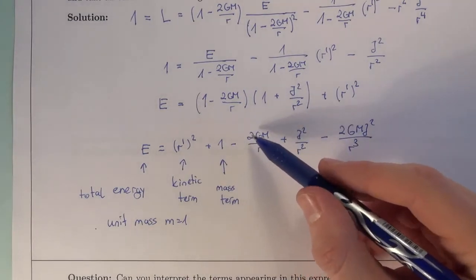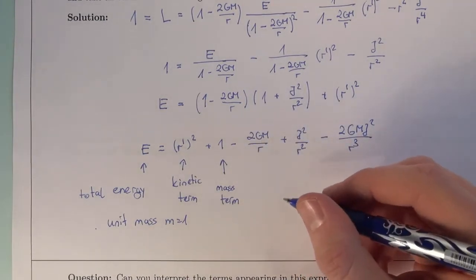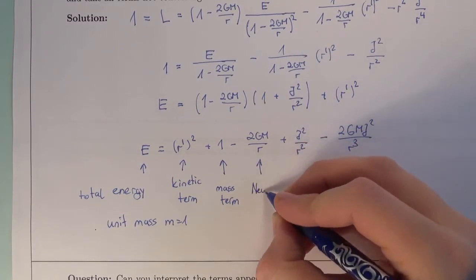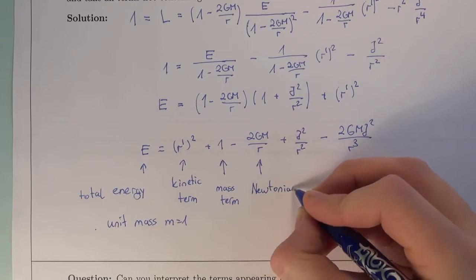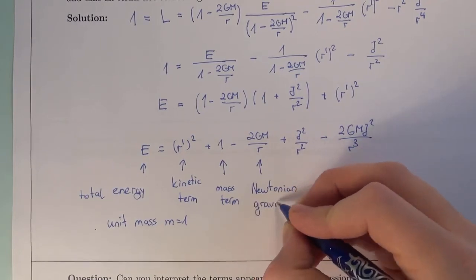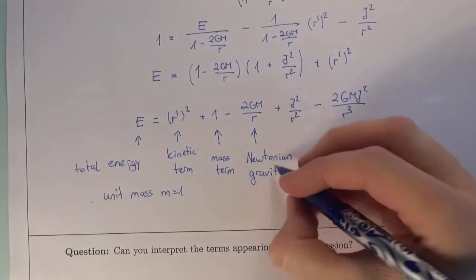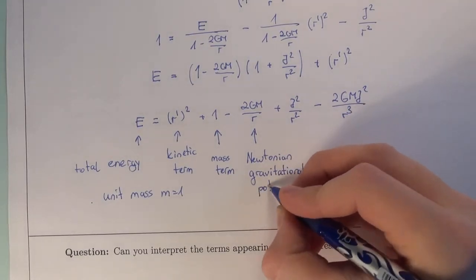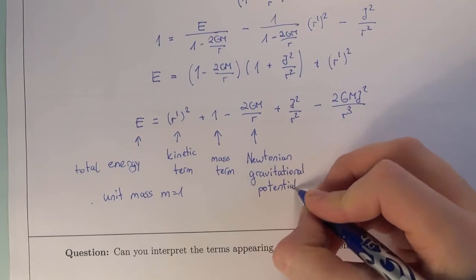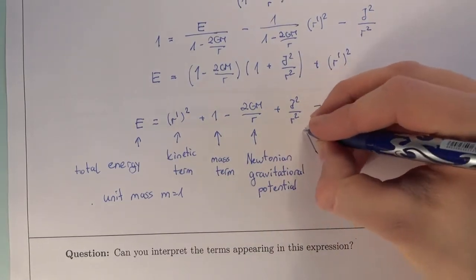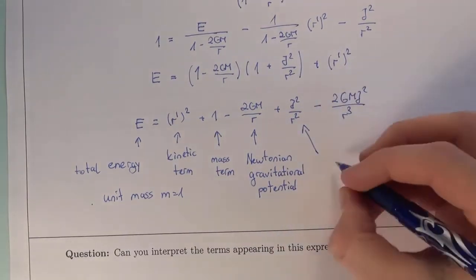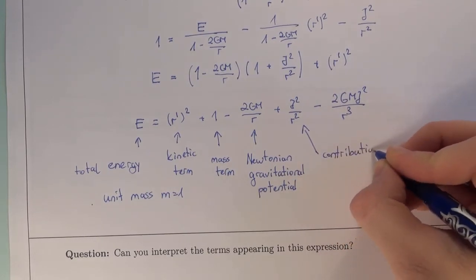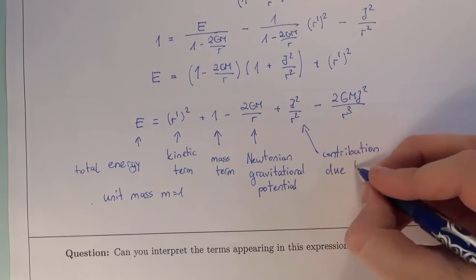Now we have minus 2gm divided by r. Well, you should know that. This is just the Newtonian gravitational potential. The next term, j squared divided by r squared, well, this is just a contribution due to the angular momentum.